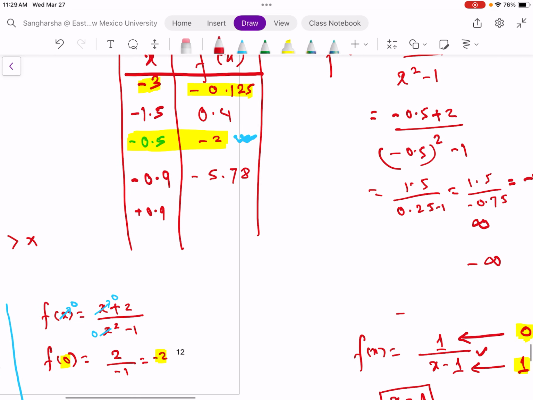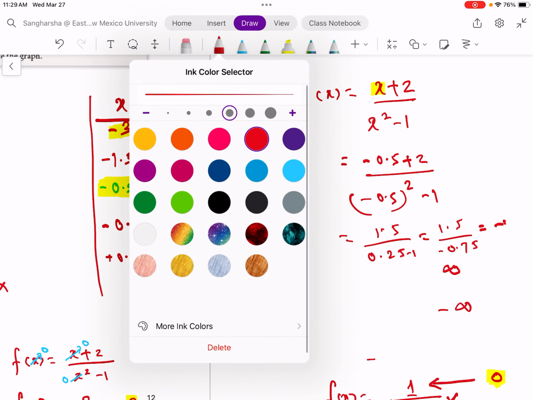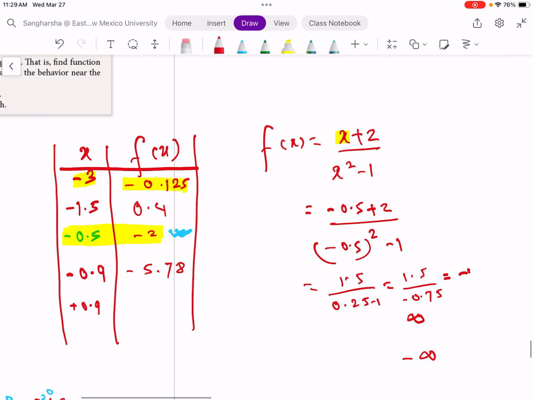So 0.9 squared, 0.9 times 0.9, that's 0.81, minus 1. So our input is 0.9, so this is 2.9 divided by 0.81 minus 1, that's negative 0.19, and 2.9 divided by negative 0.19.